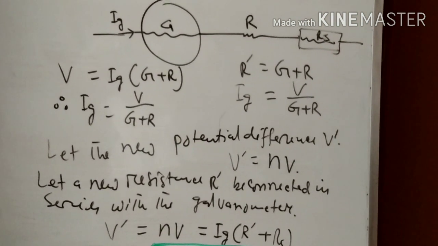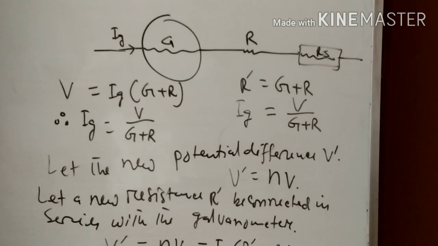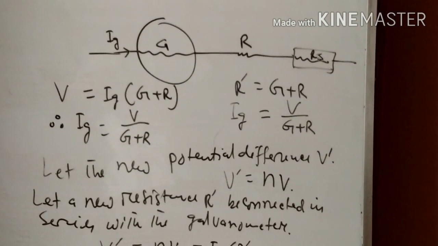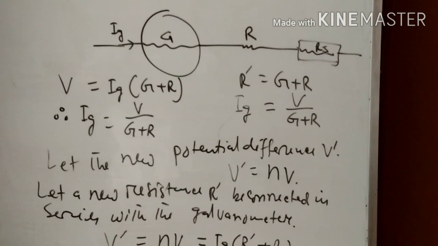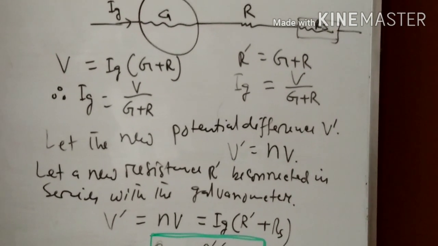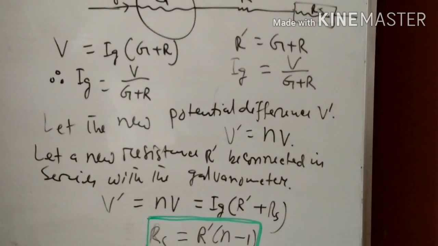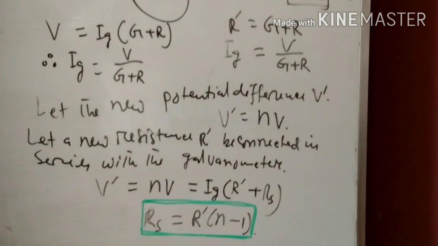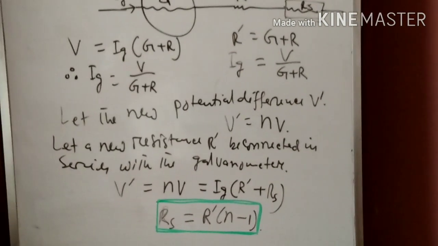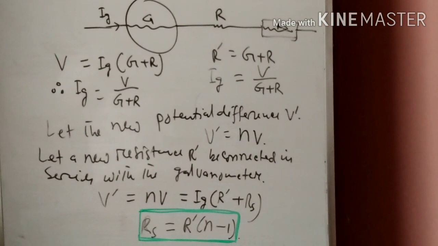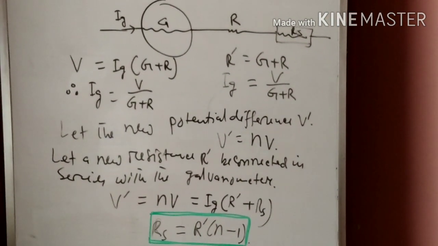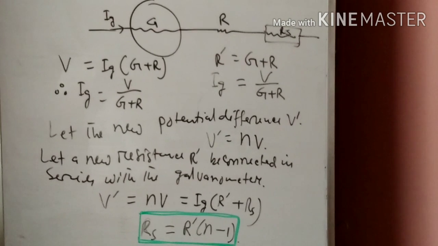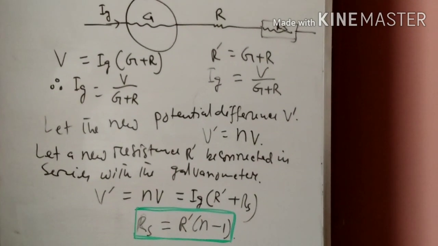Then how can we do it? We add a resistance Rs in series with the total resistance of the galvanometer. To get n times the range, the required resistance must be Rs equals R prime into (n minus 1), where R prime is G plus R.